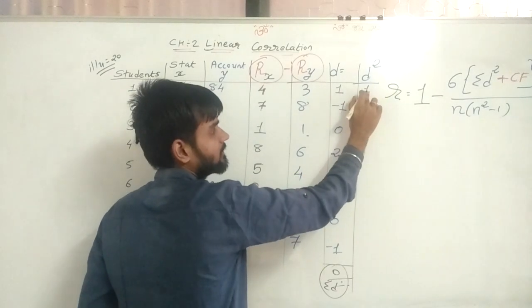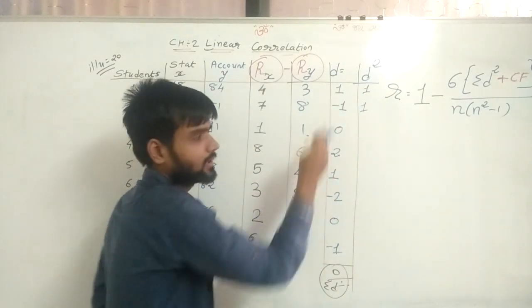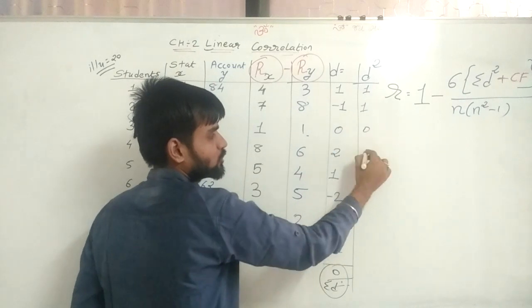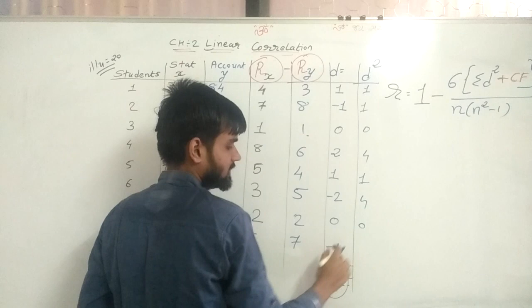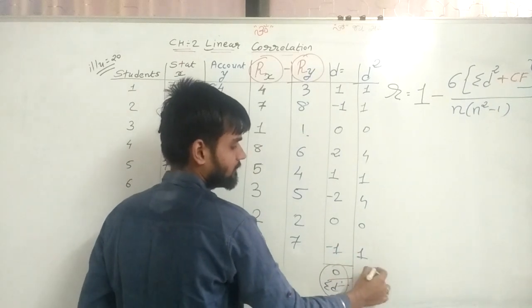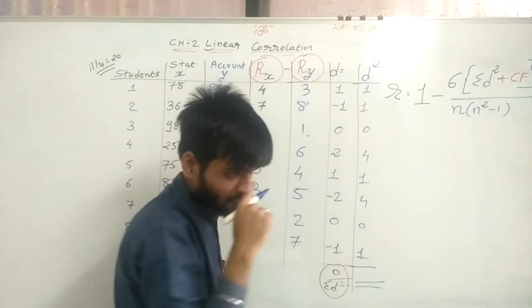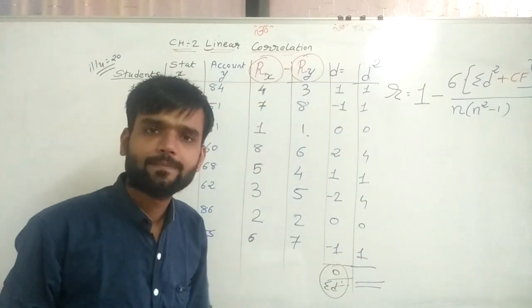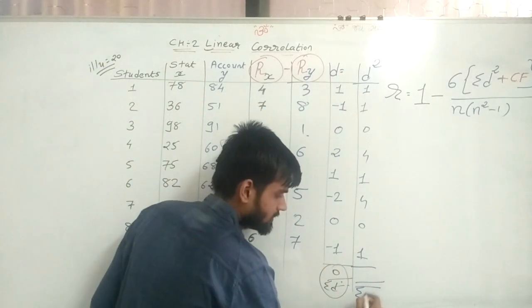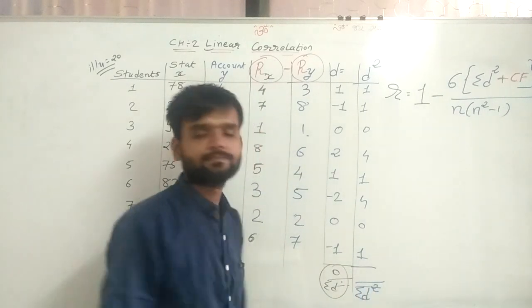Minus 1 square is also 1. 0 square is 0, 2 square is 4, 1 square is 1, 2 square is 4, 0 square is 0, minus 1 square is 1. Now make the total of d square, called sigma d square.